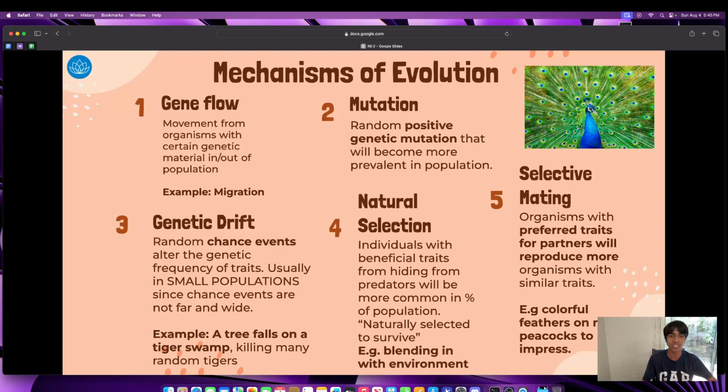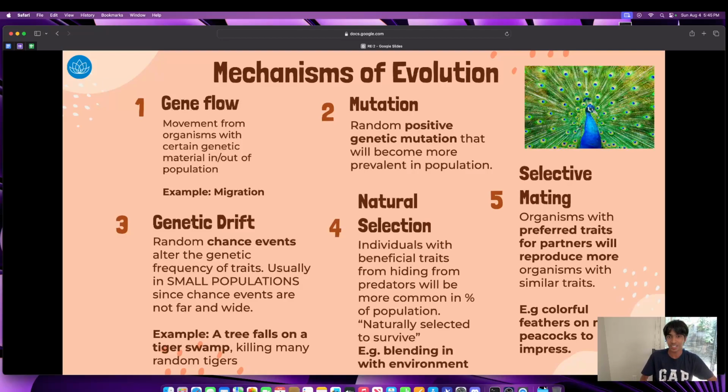And that's moving new genetic material into a population that had an original amount of genetic material. So that's why it's called gene flow, because genetic material is flowing from one place to another. And this is specific to only locations and populations.